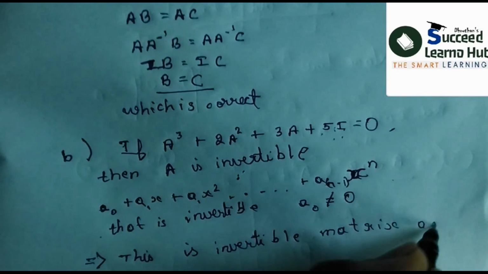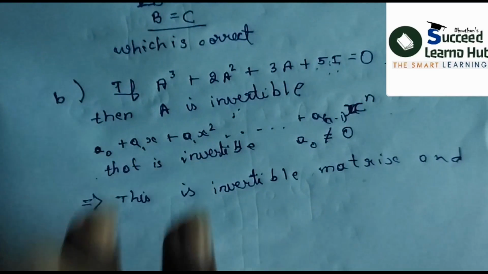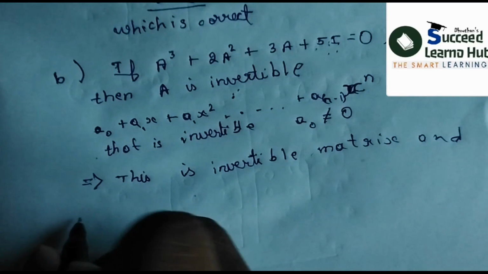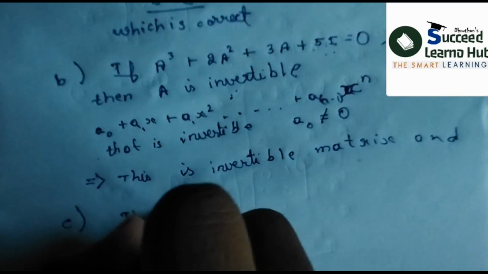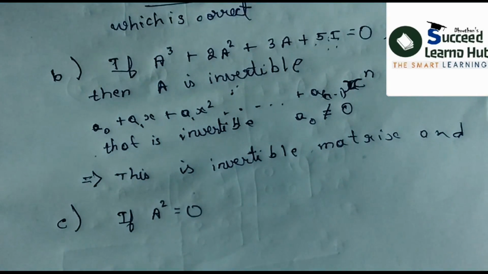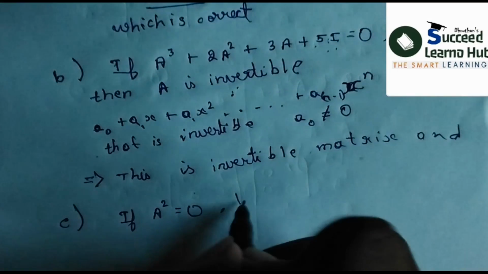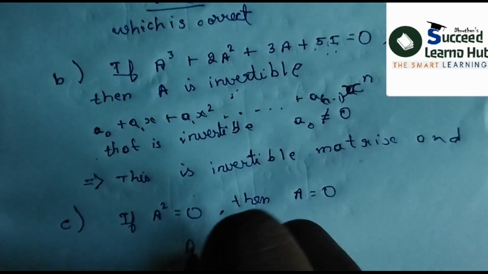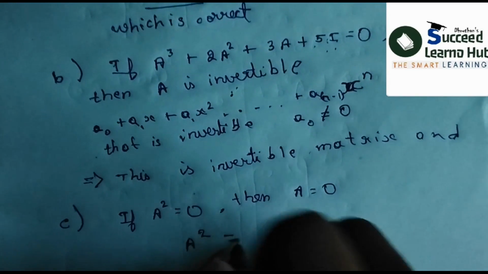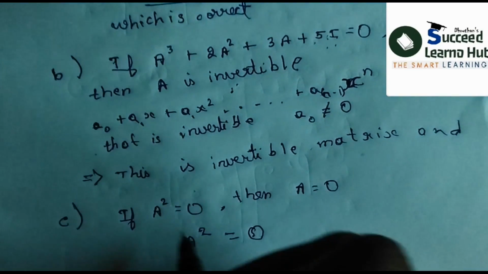And next, option C is, if A square is equal to 0, then A is equal to 0. We need to check whether A is equal to 0. They have given that A square is equal to 0.